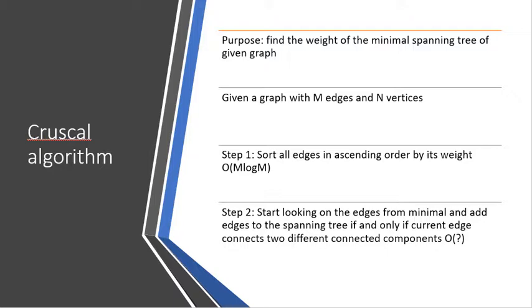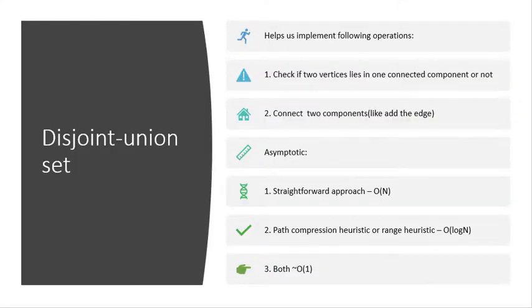has. So let me introduce the disjoint union set. First of all, this data structure helps us implement the following operations: check if two vertices lie in one connected component or not, and connect two components, like adding an edge in Kruskal's algorithm. The asymptotic of the straightforward approach is just linear.